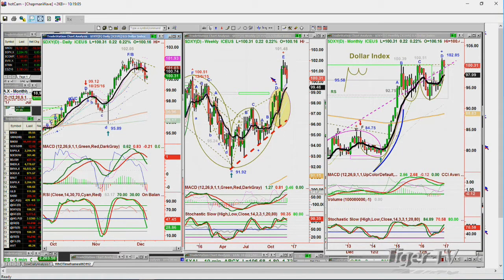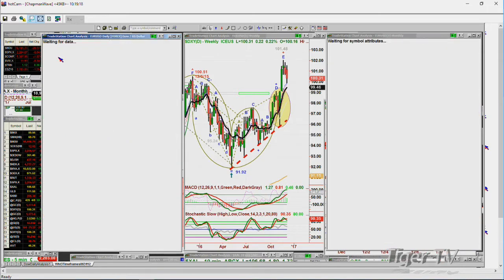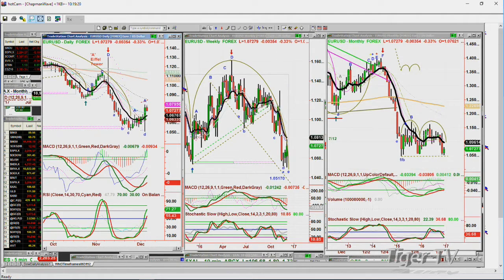Then we could be having a trading band between, let's call it, the 99s and the 103s for a while, because it's had a great move. It just needs time. But that also says that the EUR/USD, which I'm using as an example tonight, that this low right here cannot also be a high. I'll discuss that tonight.